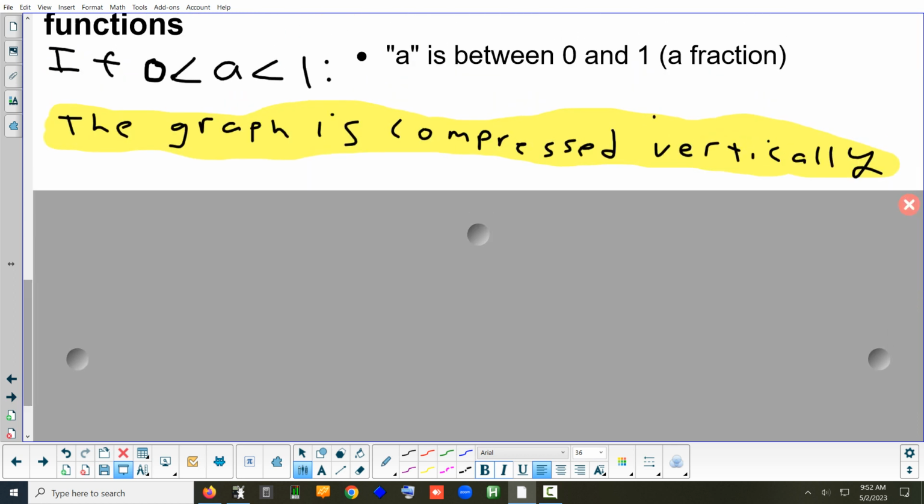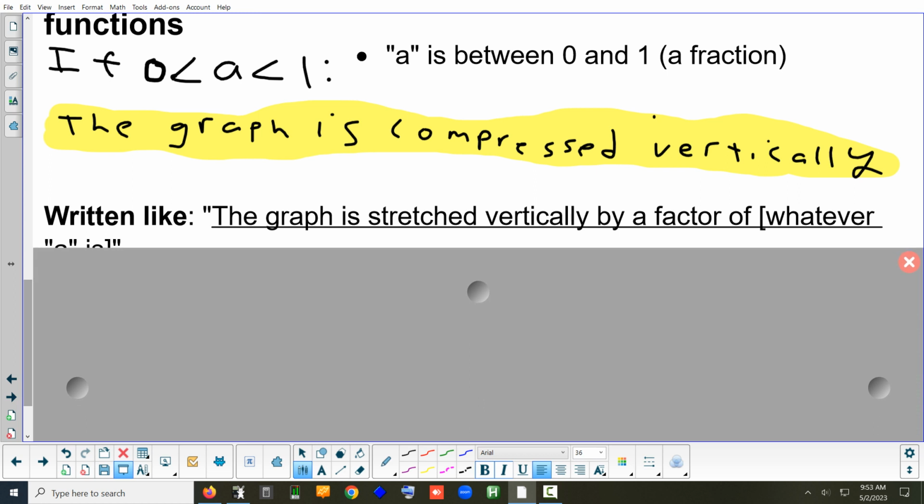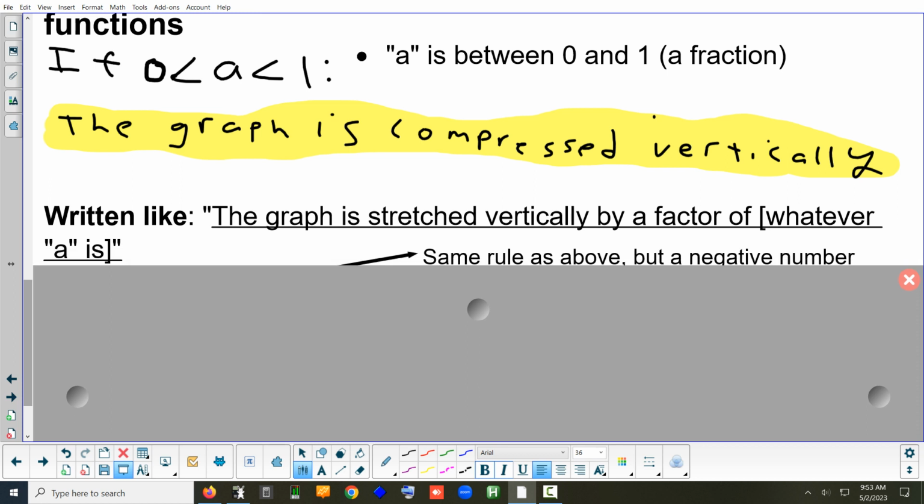So when we talk about how we would write the answer to this, under the written like part, you're still going to write the answer the same way. The graph is stretched vertically by a factor of, and then you just write whatever A is. But just keep in mind, if you stretch something by, say, 1/2, you're not really stretching it.